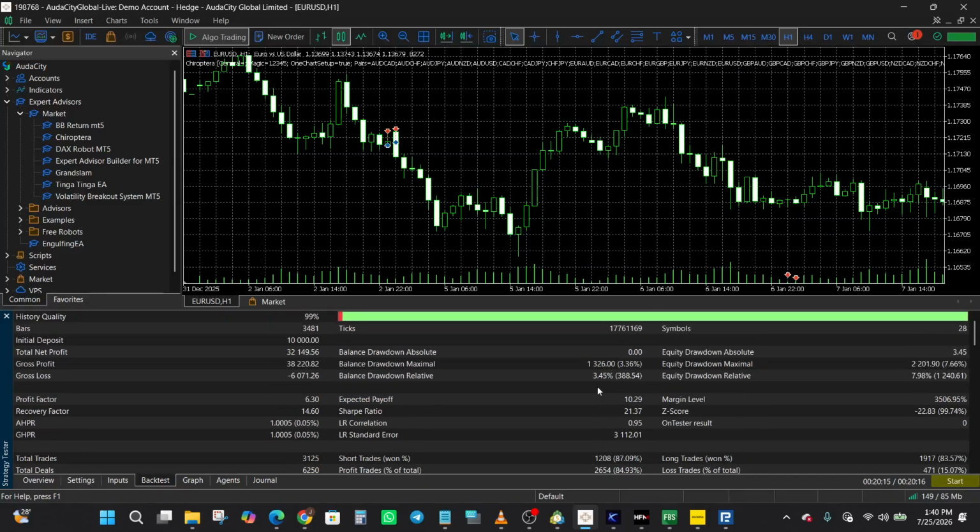So to wrap up, based purely on what is shown here, Chiroptera EA looks like it could suit traders who want a system that limits market exposure to a small daily window and avoids grid or martingale style averaging.